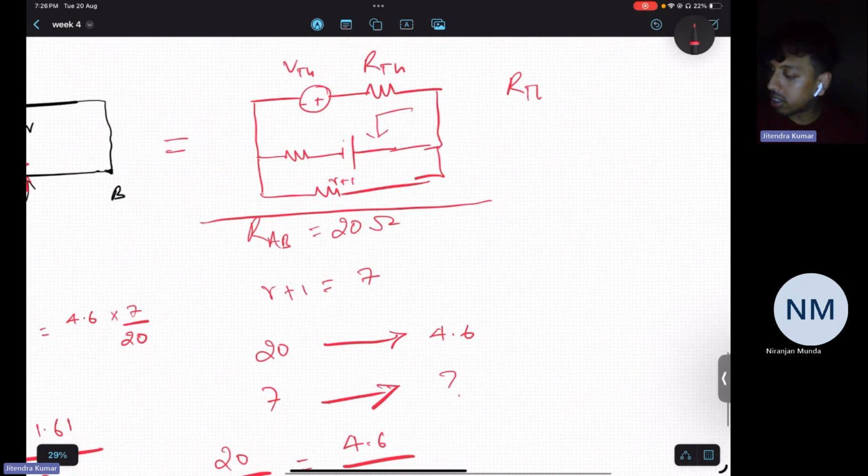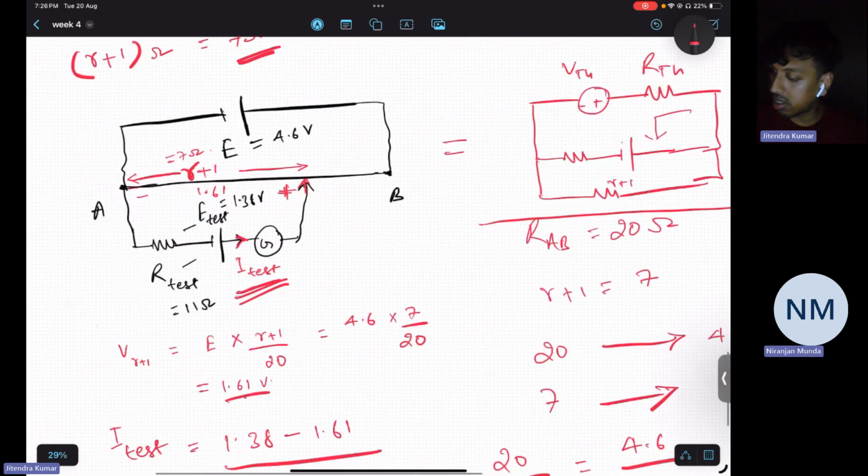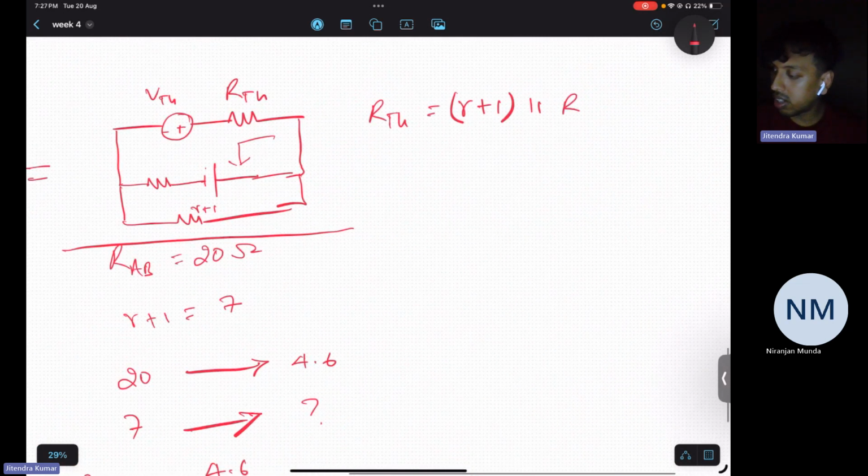So what will be RTH? Parallel में. So R plus 1 parallel with this R test, isn't it? Yes.